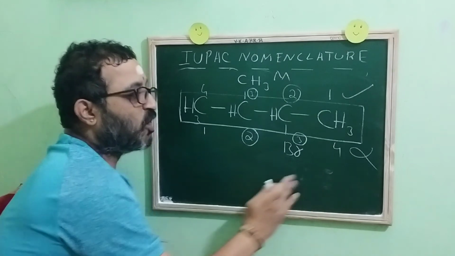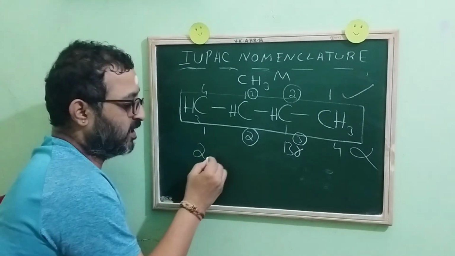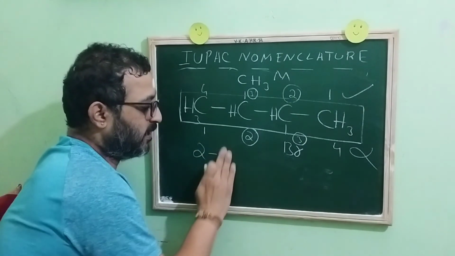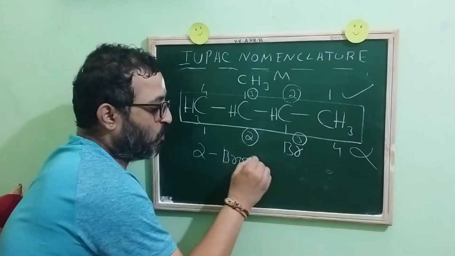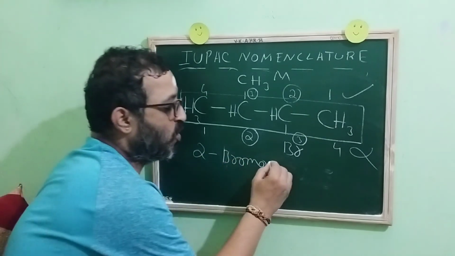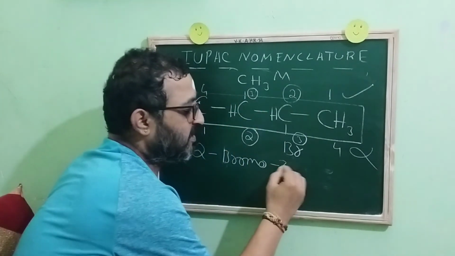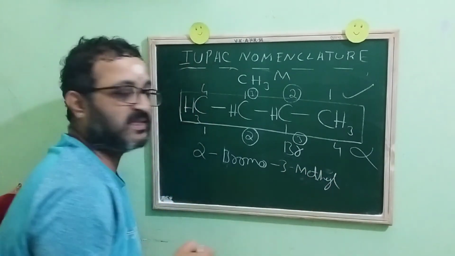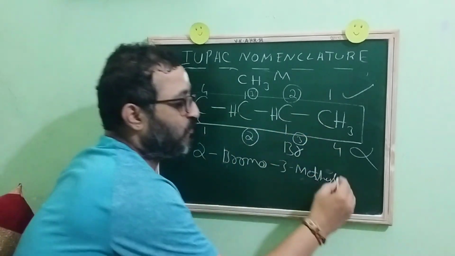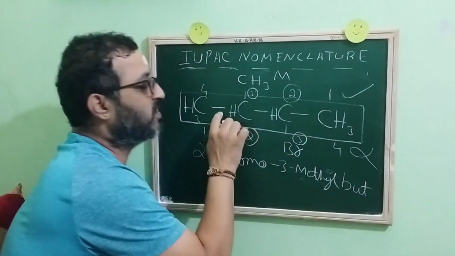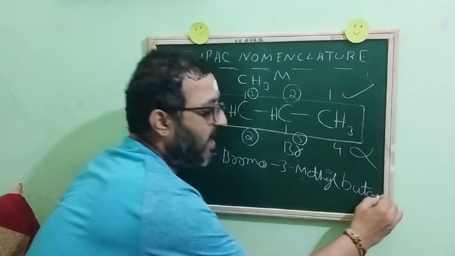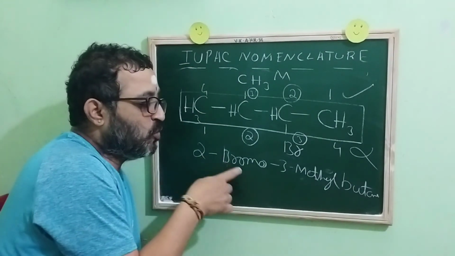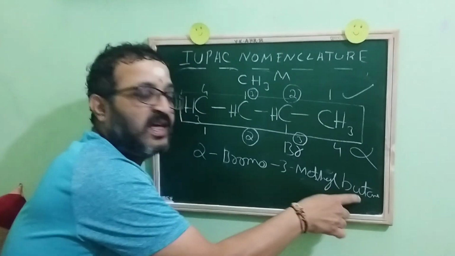So the name of the compound will be what children? To the second carbon, what is attached? Bromo. Then to the third carbon, what is attached? Methyl. Then 1, 2, 3, 4, it is but, single bonds, ane. So it is 2-bromo-3-methylbutane.